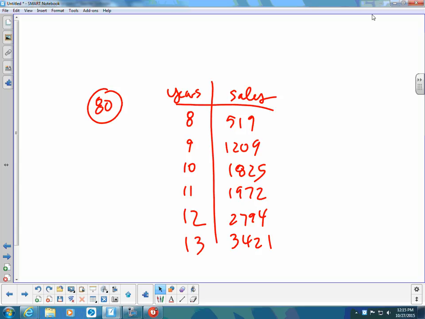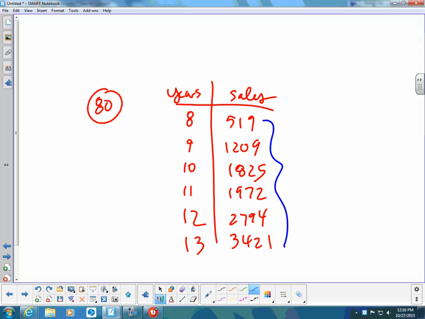How do you know it would pass a horizontal line test? Remember, it's going to pass a horizontal line test if it's 1 to 1. You already know that every x has to go to 1 y, but 1 to 1 means every y comes from just 1 x. Does that make sense? Every y goes to just 1 x. Is that the case? Yeah, we don't have any y values being repeated. There's no repeats. So yes, the inverse exists.